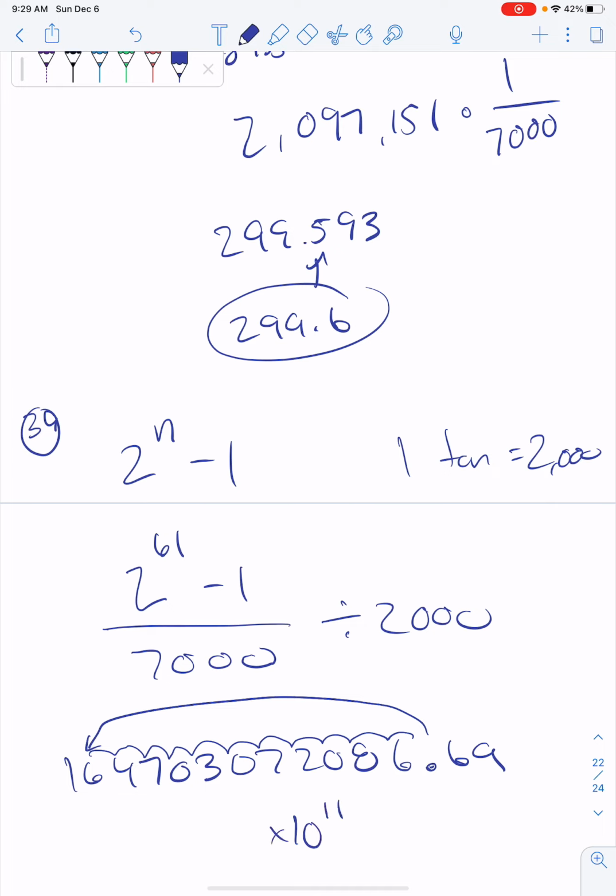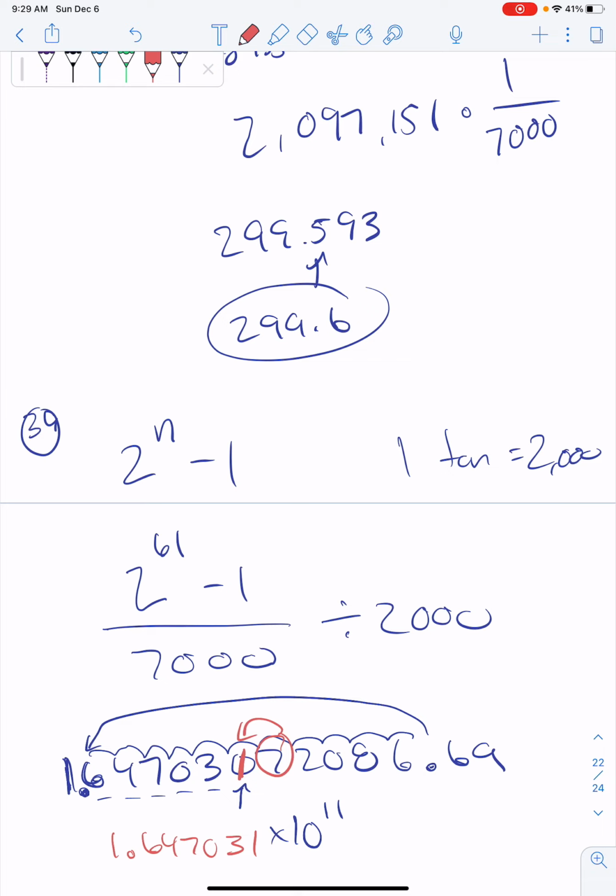And then it wants me to round to 6 decimal places. Well, if this is my new decimal right here, then I'm rounding 1, 2, 3, 4, 5. I'm rounding to that spot right there. So I'm going to look at the 7. That tells me I need to round up and turn this into a 1. So I'm going to put 1.64703 times 10 to the 11th power.